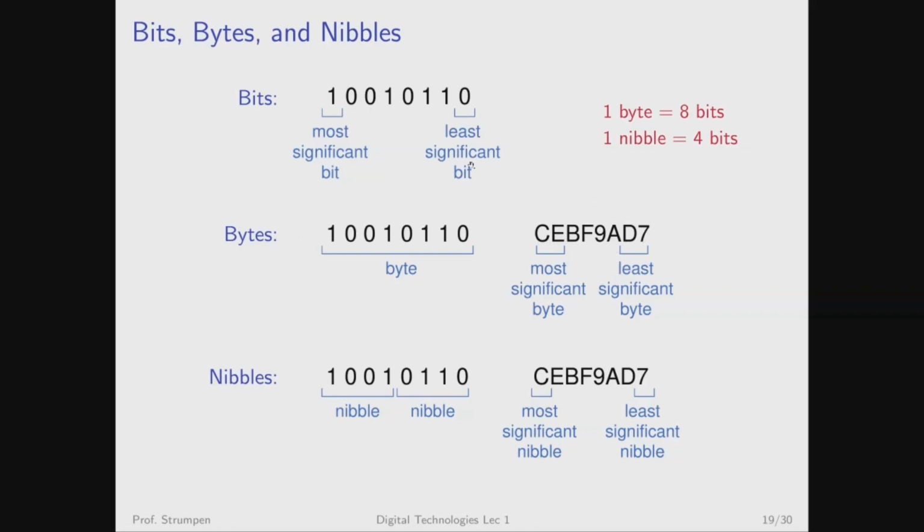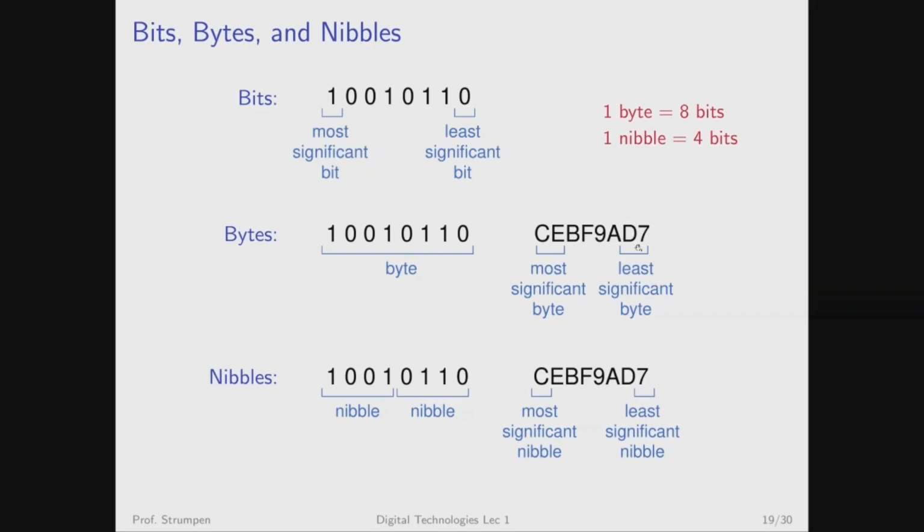So analogously to referring to the least significant and the most significant bit in a byte, we may refer to the least significant and most significant byte in a hexadecimal number. 2 hexadecimal digits are represented in 1 byte.